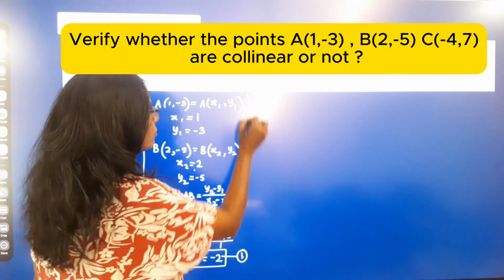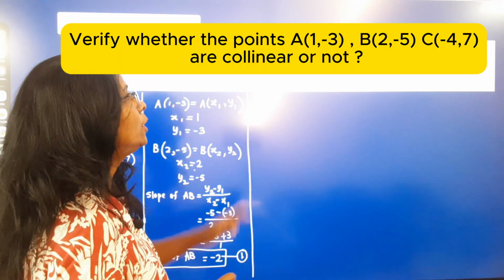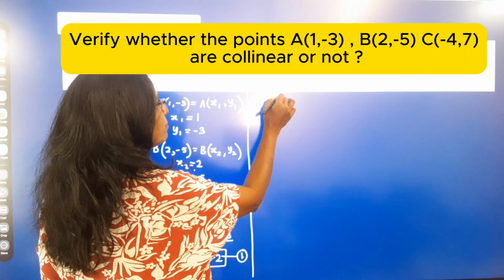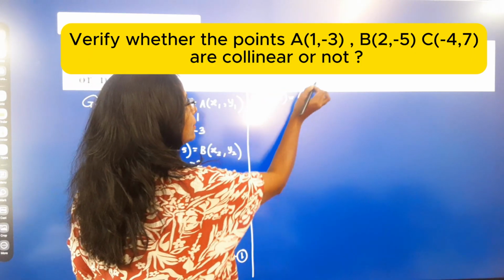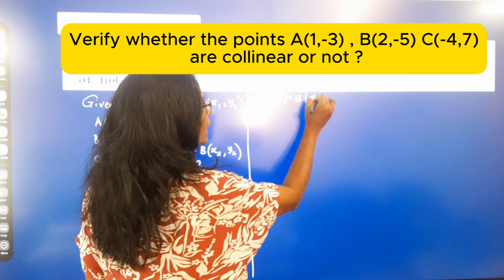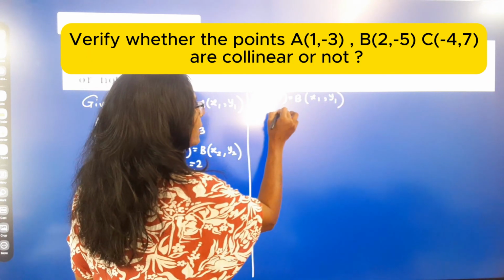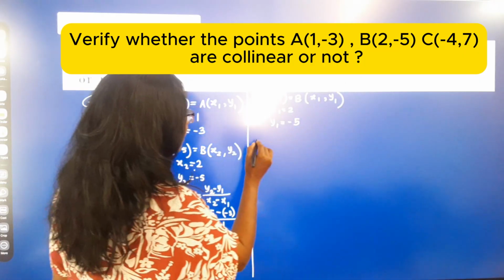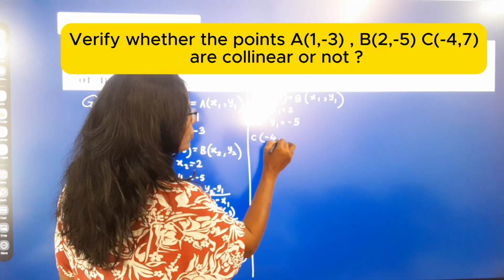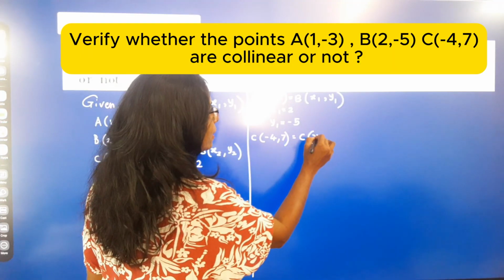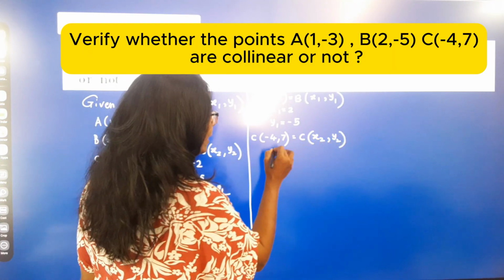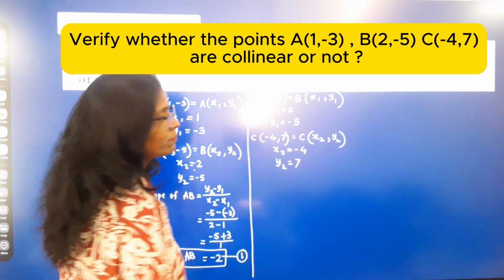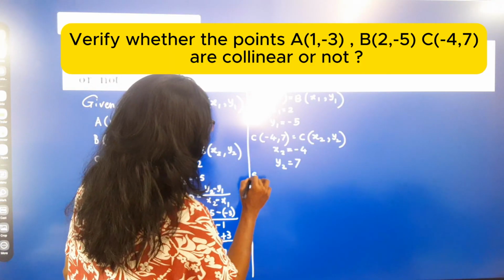Okay. Then the next one take that the 2 point B, C. So I take B (2, -5) and consider as x1, y1. So x1 is equal to 2, y1 is equal to -5. Then take the third point, that is C (-4, 7), and then consider as x2, y2. Then here x2 is equal to -4, y2 is equal to 7. Okay, then calculate the slope.